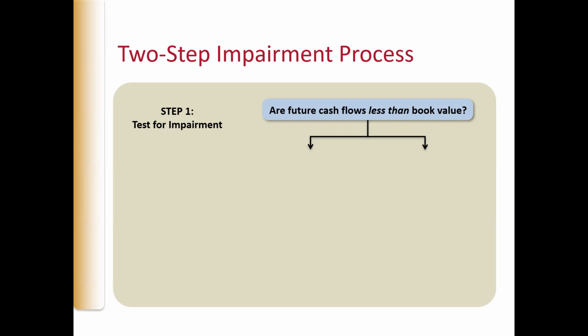So the way we look to see if that could be the case is by step one. To test for impairment, we look at the future cash flows of an asset and see, are those future cash flows less than the book value we're showing on our books?